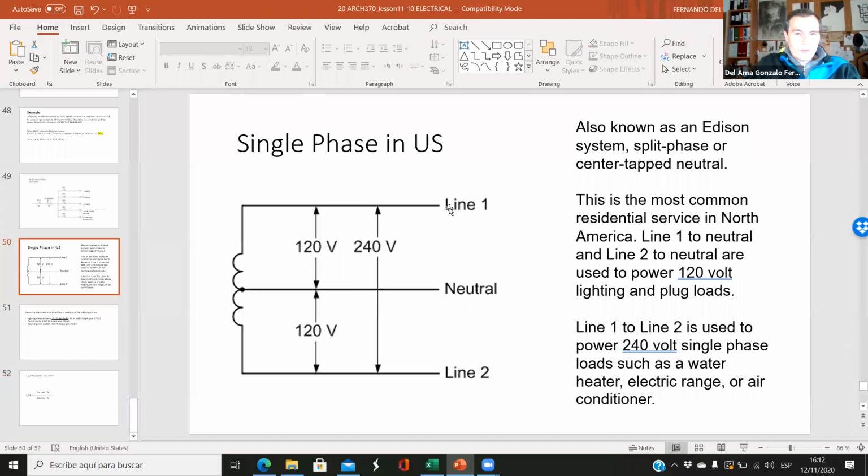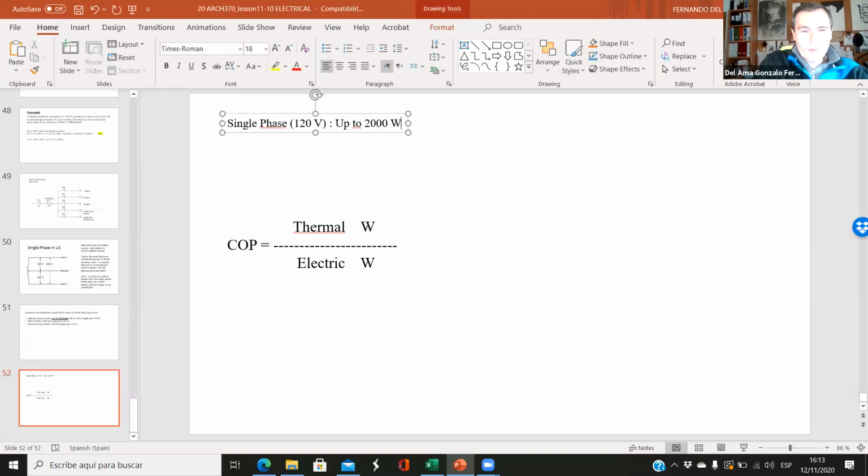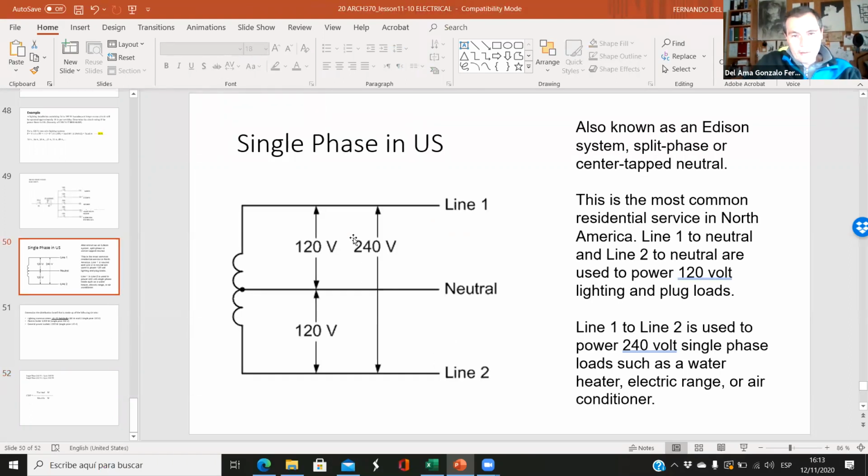So we have to connect the neutral and the line. If we increase the power, we can have single phase with 240. That means that we have to connect two lines so that we can have 240.